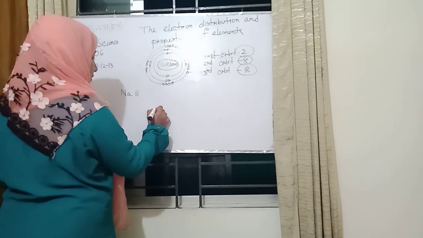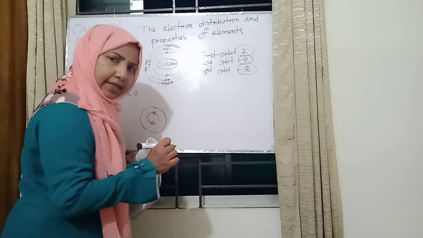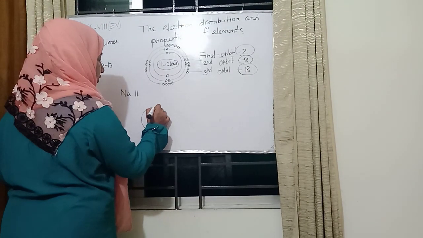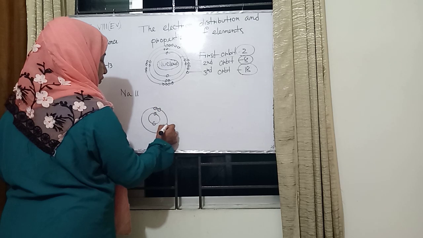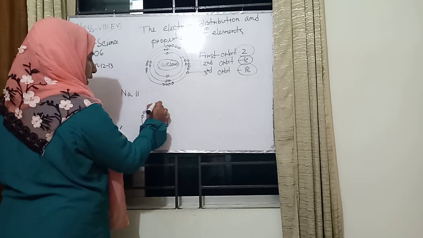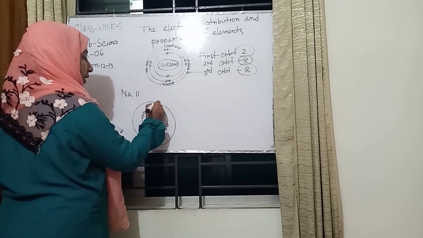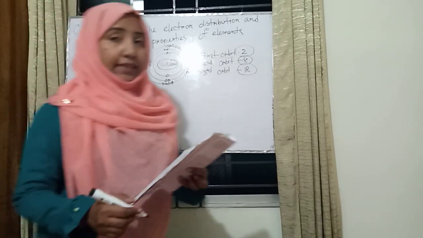In the second orbit, 8 electrons fill up and it is stable. I draw 1, 2, 3, 4, 5, 6, 7, 8. In the third orbit, there is only 1 electron and it is not stable.